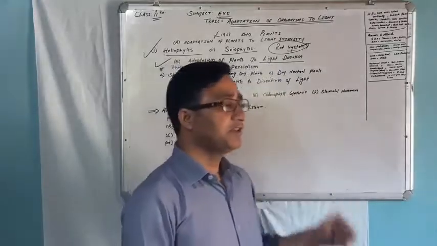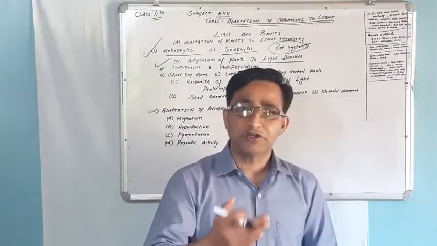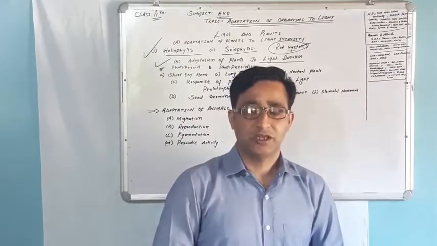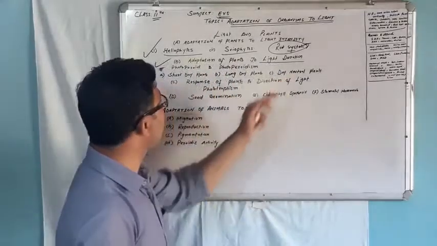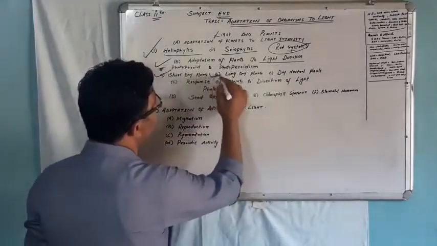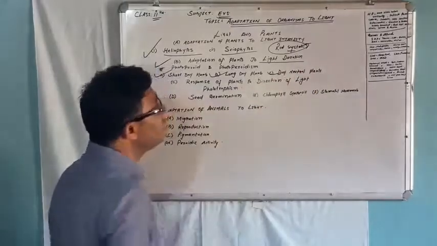Number one is short day plants. Number two, long day plants. Number three, day neutral plants. Short day plants, long day plants, and day neutral plants.